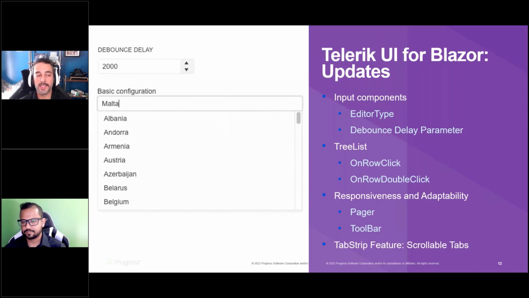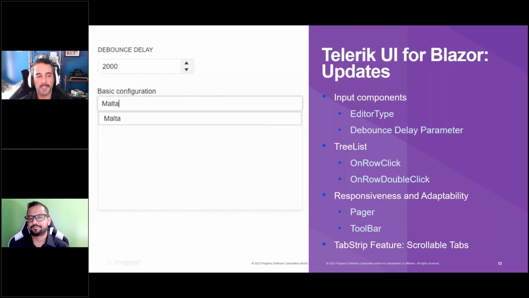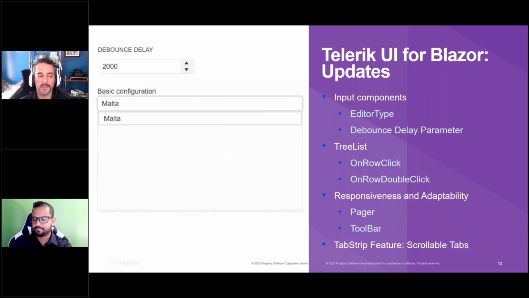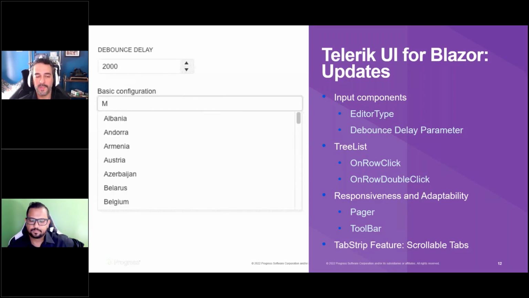What the debounce delay parameter does is it lets you set a delay as to when the user stops typing to go ahead and execute the event. So in this example here, as the person types, there's a slight pause when they're done typing out the word that they're looking for, and you can control when that event occurs.